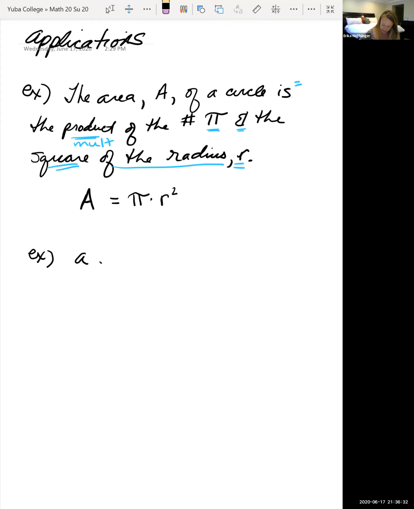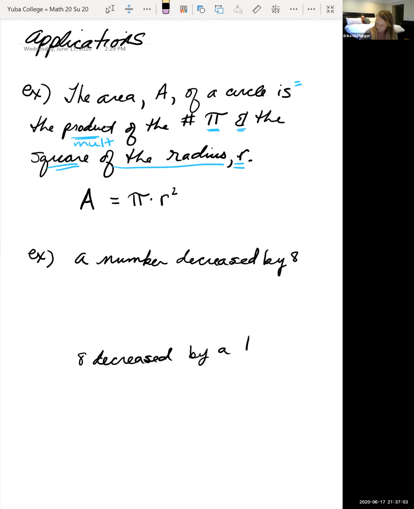What is the difference between a number decreased by 8 and 8 decreased by a number? Okay, so those are very similar, but definitely different.